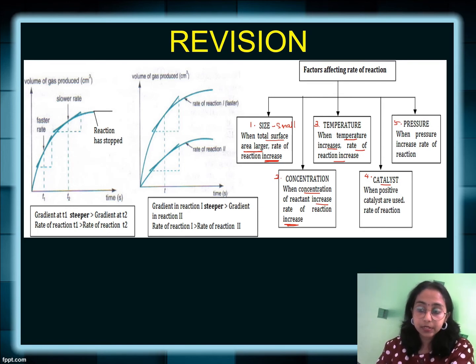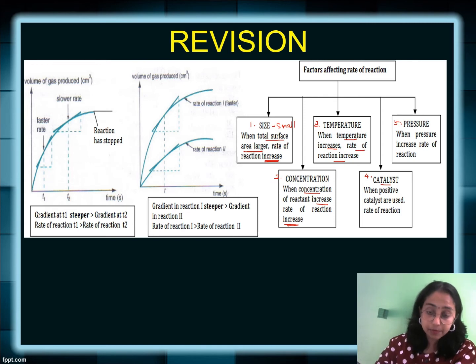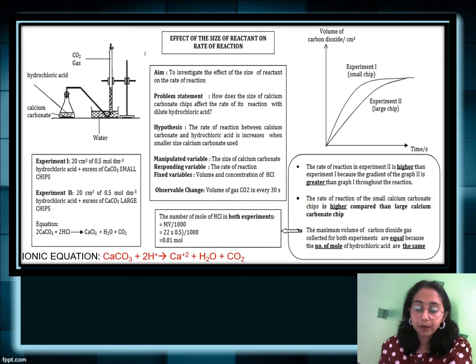This is the important understanding students should have on the factors affecting the rate of reaction, and they also must be able to interpret the graph given correctly. We're going to look in detail at each factor and how they affect the rate of reaction, and the experiment regarding it. Now let's look at the effect of size.